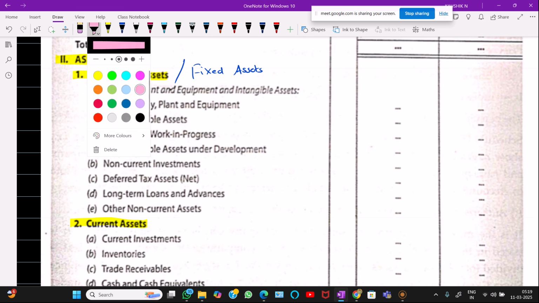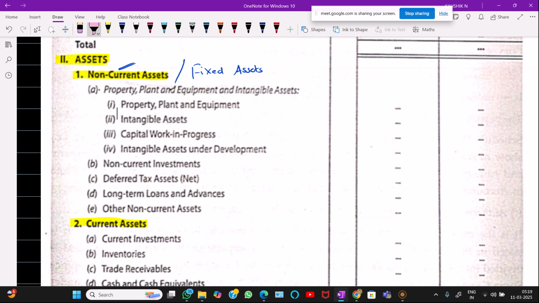Now all the items I'm going to underline in pink: property, plant and equipment, intangible assets, capital work in progress, intangible assets under development, and here non-current investments, deferred tax assets net, long-term loans and advances, other non-current assets.